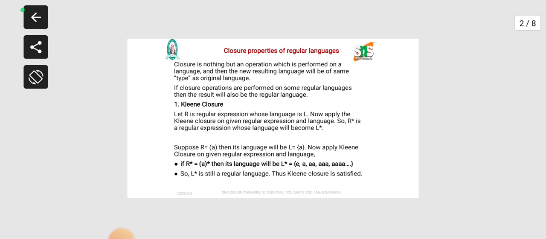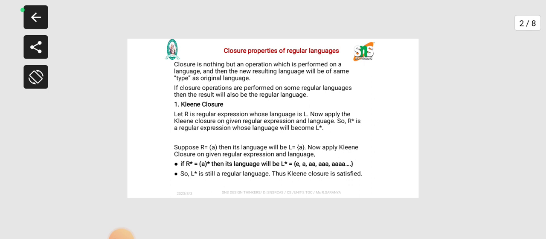So R star is a regular expression whose language will become L star. For example, if a star, we will get the result by applying the Kleene closure: a cube, a square, and likewise we are going to get the output.